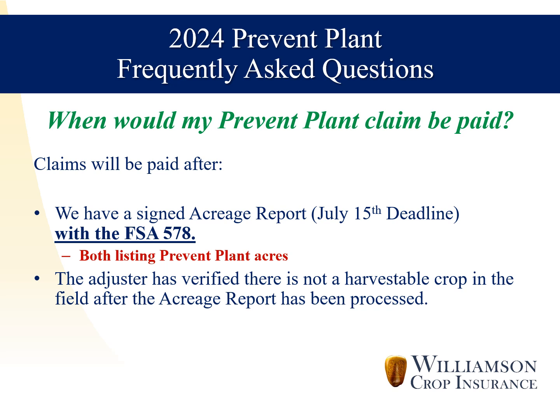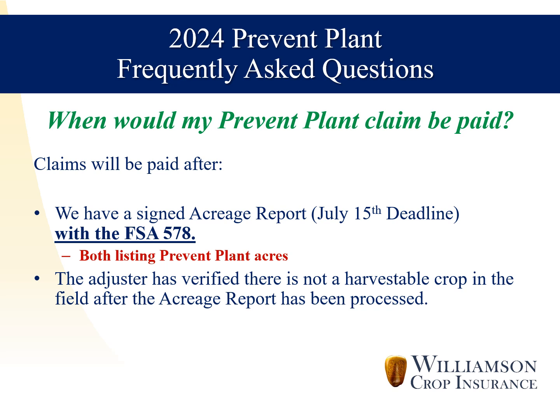After we have it keyed into our system, the adjuster can now see that. The adjuster is going to verify everything with your acreage report and 578, and then they're also going to check that field to ensure that you don't have another crop planted there. They want to make sure you didn't file prevent plant corn, go forward with that prevent plant claim, and then turn around and have a standing crop there, a soybean crop.